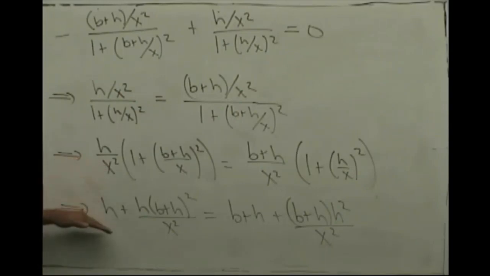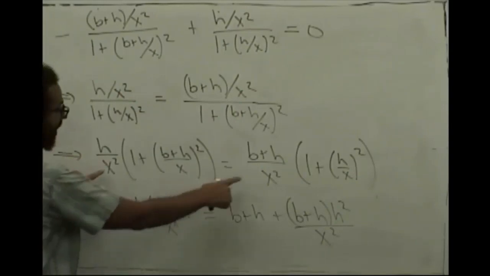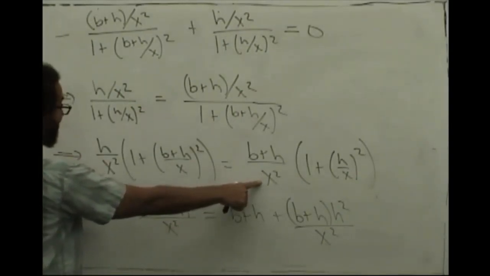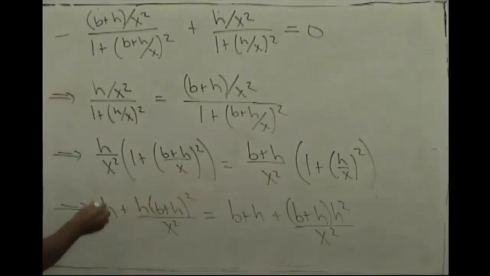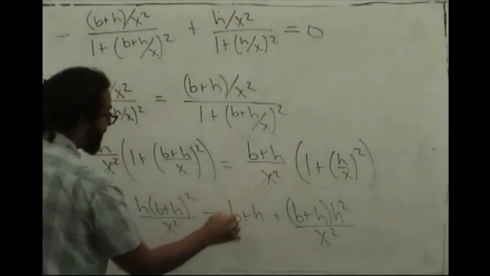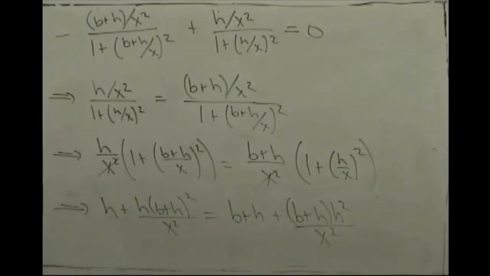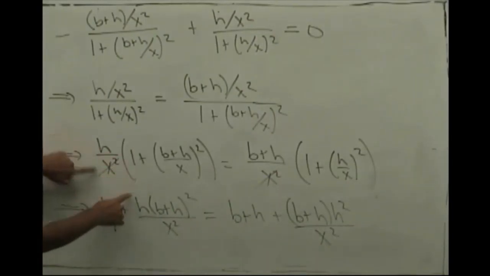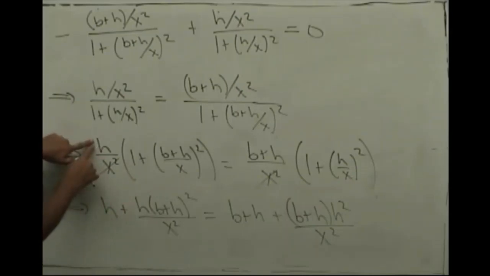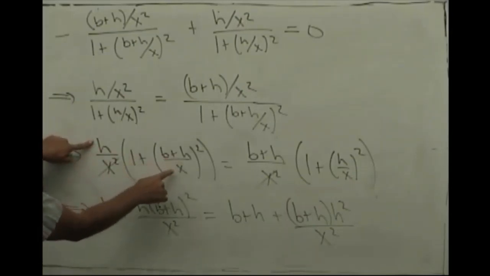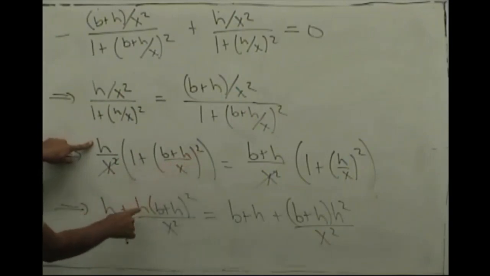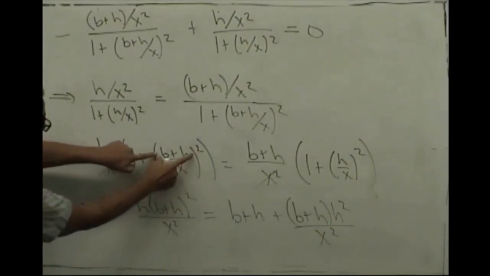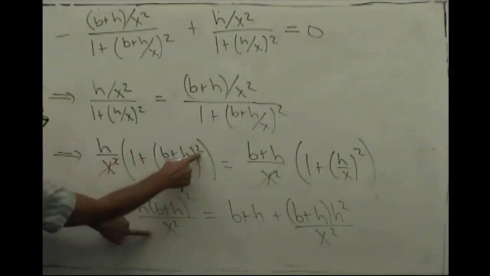To get from here to here now, I'm just dividing, well, I've got an x squared in the denominator, so I can multiply through by x squared. That will cancel both of these x squareds in the denominator. And now I can distribute the h. So h times 1 is h. And then h times this fraction b plus h over x squared is just h times b plus h squared over x squared.